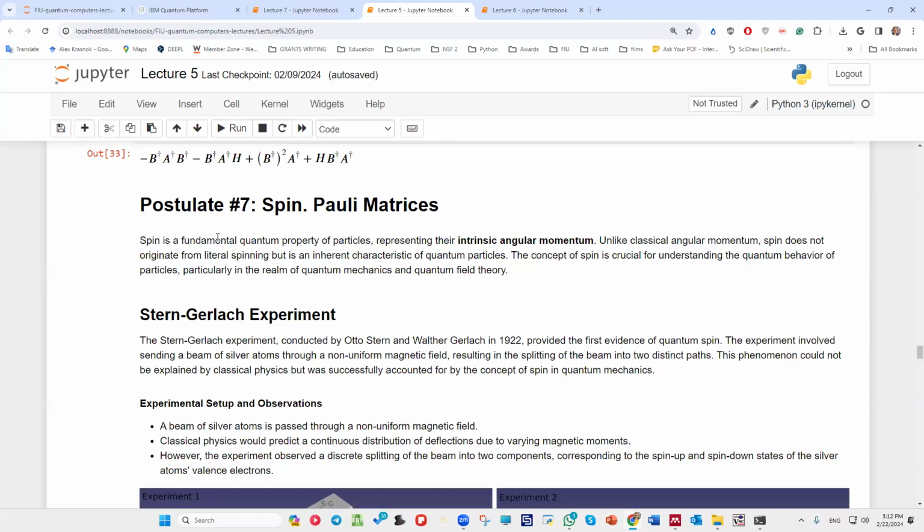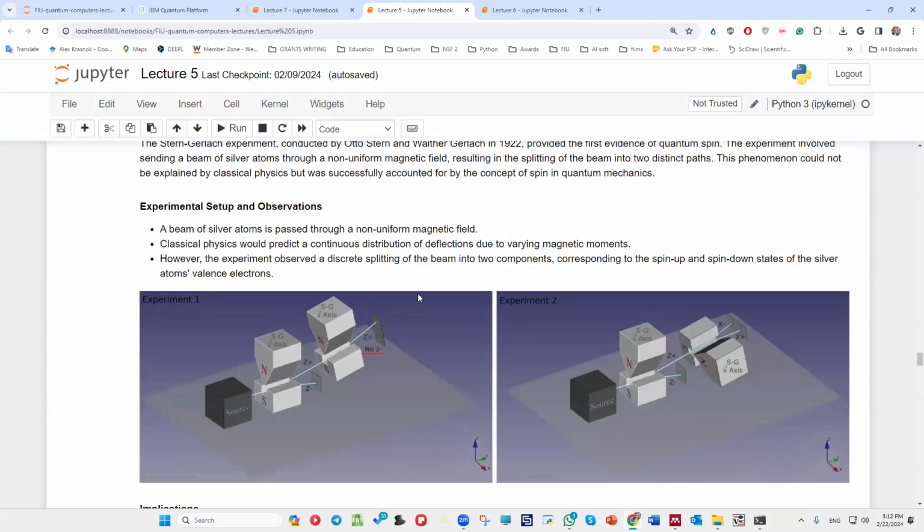So finally, not finally, the postulate number 7 is about spin. So we postulate the existence of a spin as one example of internal degree of freedom of a quantum system that doesn't have a classical analogy, right? So it's not classic, it's a purely quantum effect, the spin.